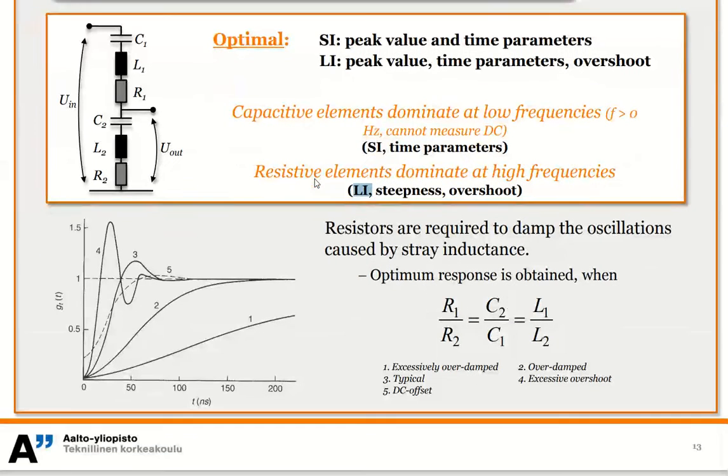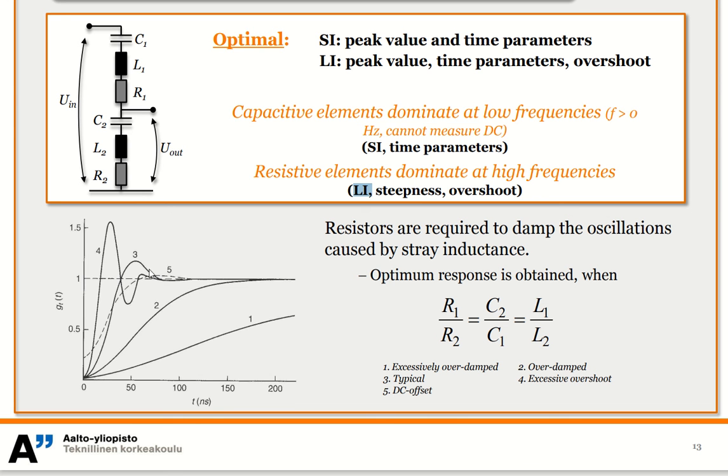Okay, the dampened capacitor divider: number one is excessively over dampened, and number two is over dampened, and number three is typical.